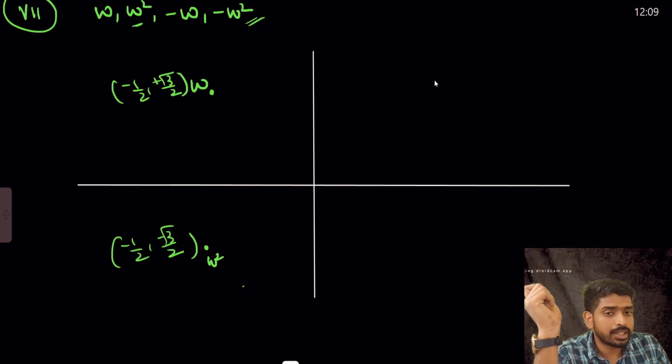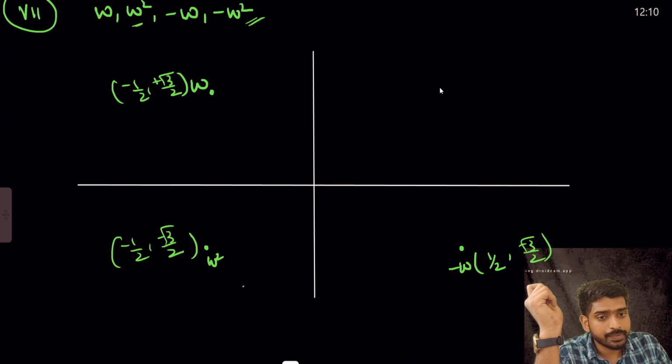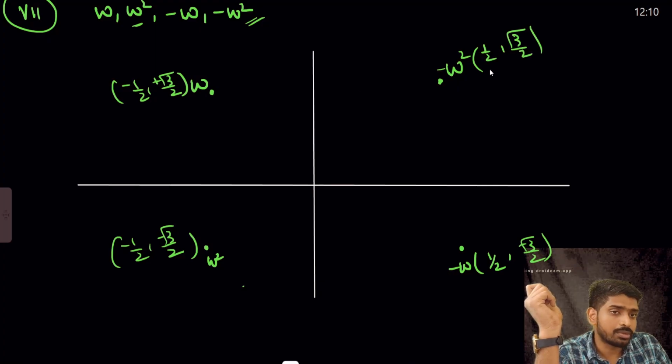Minus omega will be lying in the fourth quadrant. What is the coordinate of minus omega? It will be 1 by 2, comma, minus root 3 by 2. Where is minus omega square? Minus omega square will be lying in the first quadrant. What is its coordinate? It will be minus of this, 1 by 2, comma, root 3 by 2.